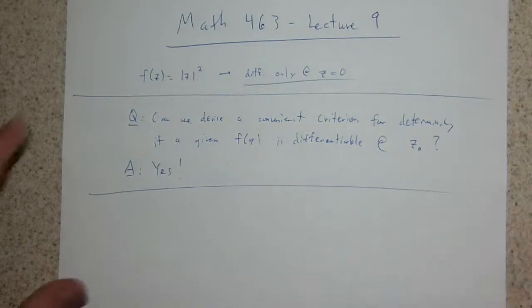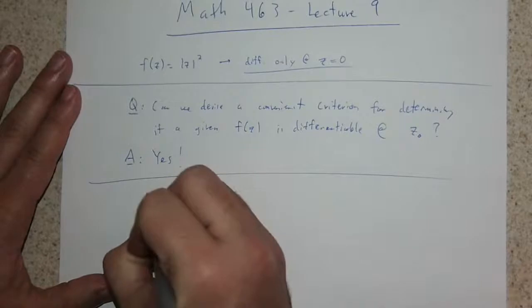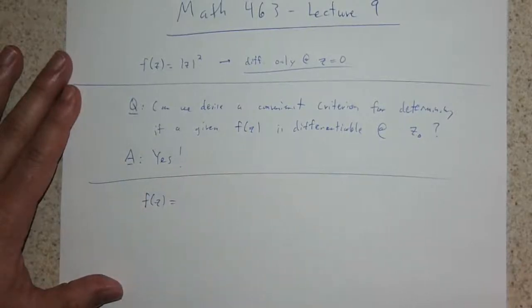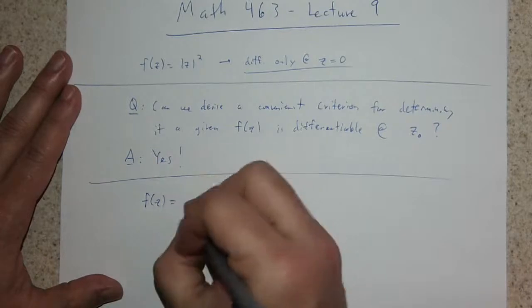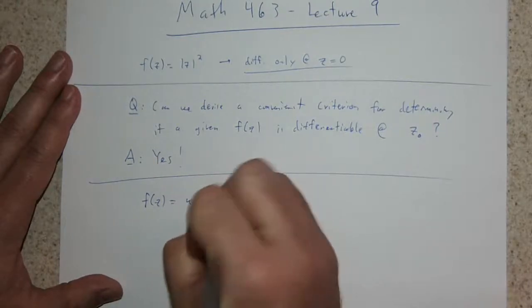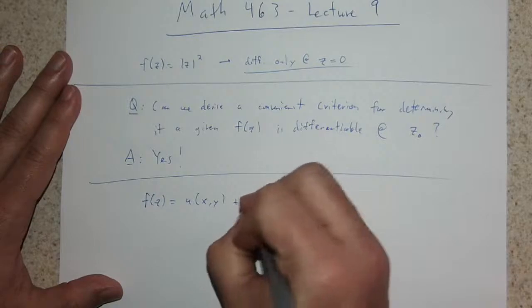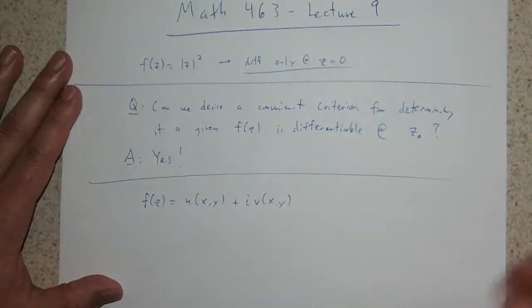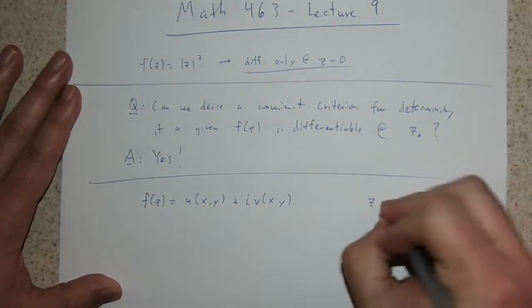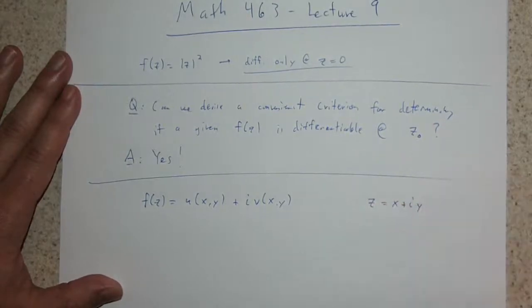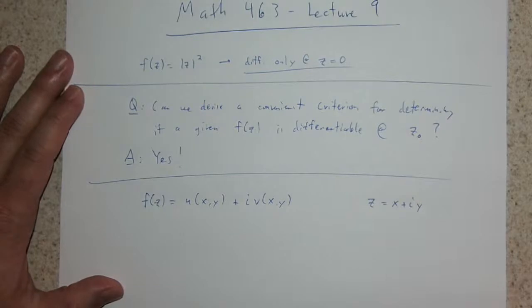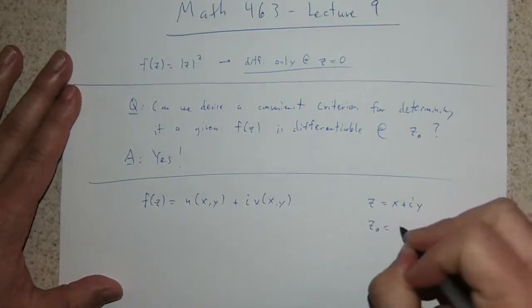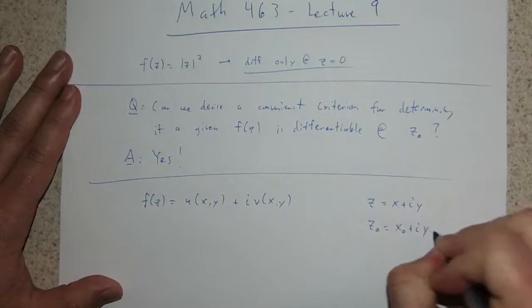So the setup for this is, let's recall we can write any complex valued function of a complex variable as u plus iv, where u and v are functions of x and y, where of course z is x plus iy. Let's set up this notation the following way. Just like yesterday, z naught will be x naught plus i y naught.